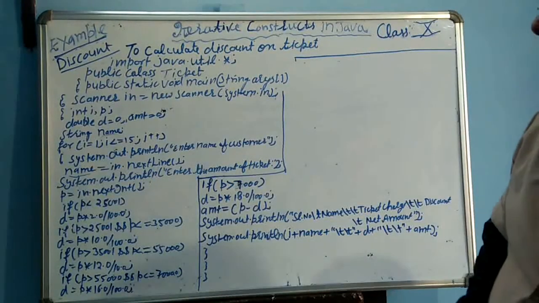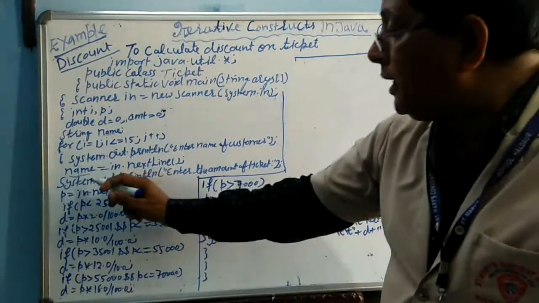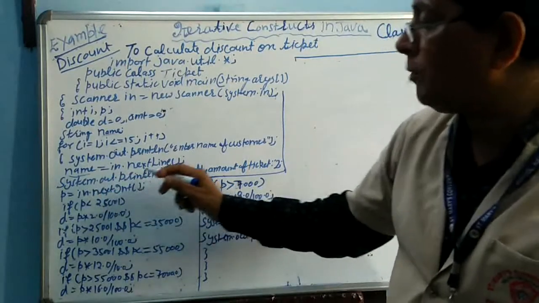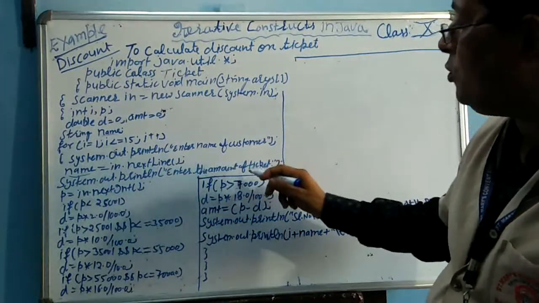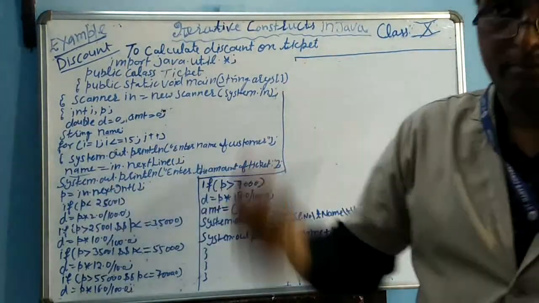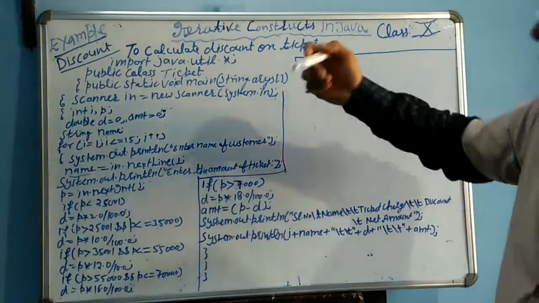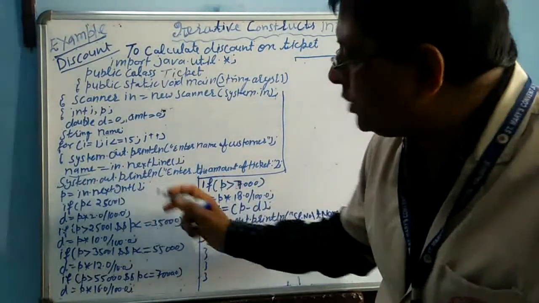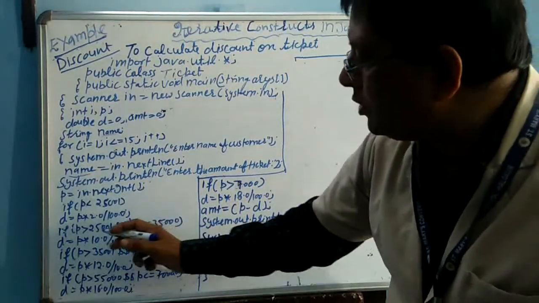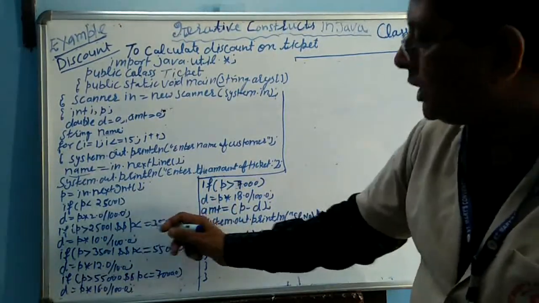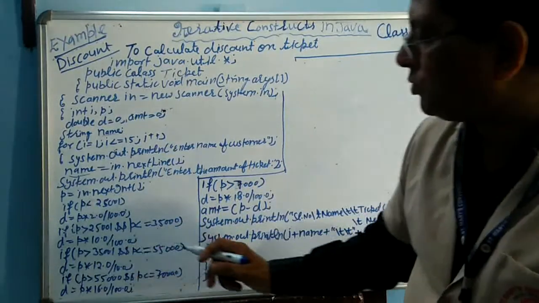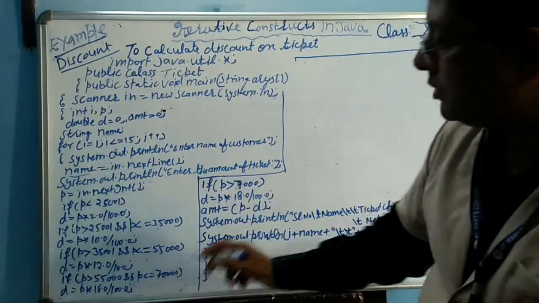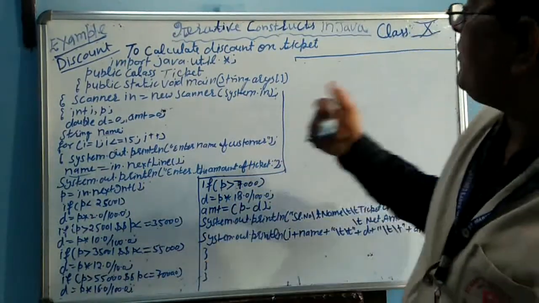Now we have to enter the customer amount. System.out.println, enter the amount of the ticket, because different types of amounts are given: up to 25,000, 25,000 to 35,000, 35,000 to 55,000, 55,000 to 70,000, and more than 70,000.